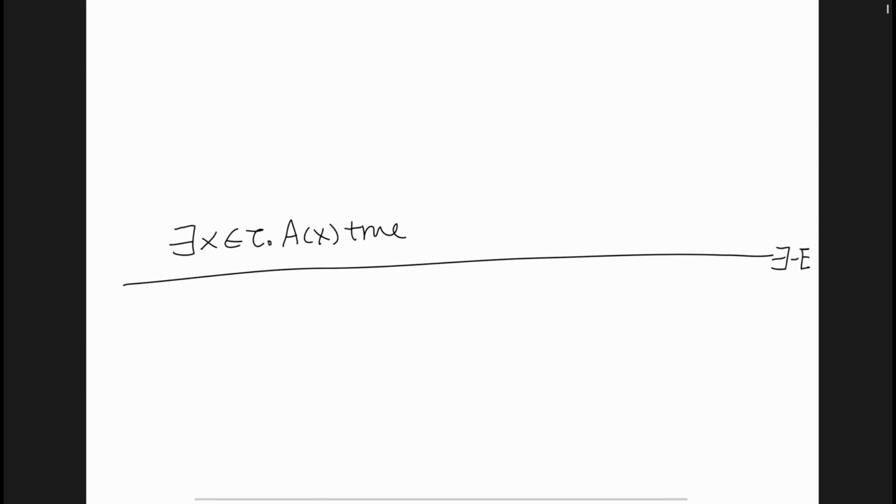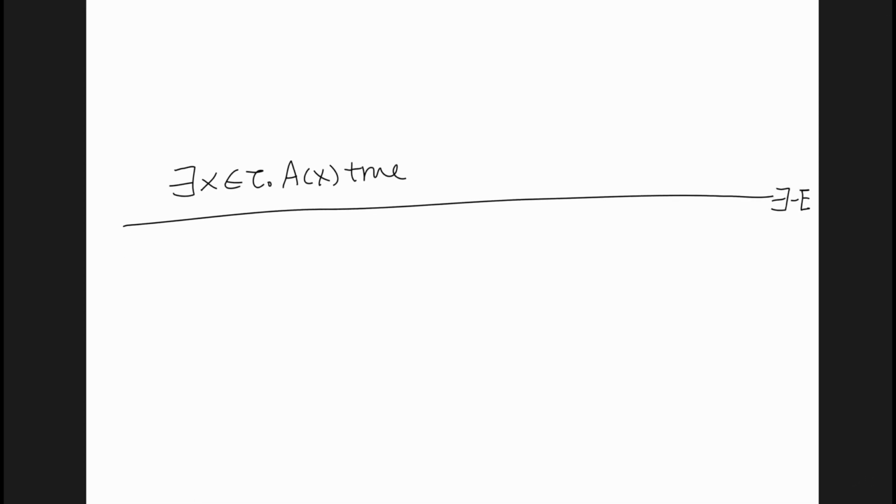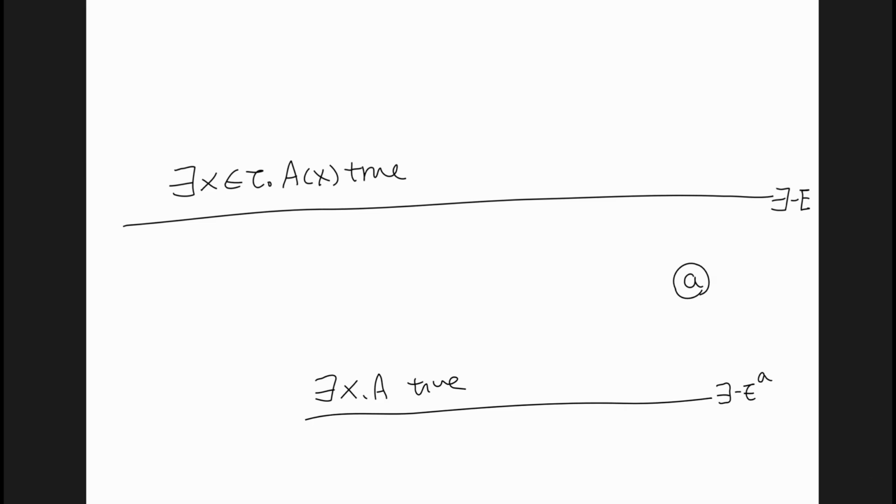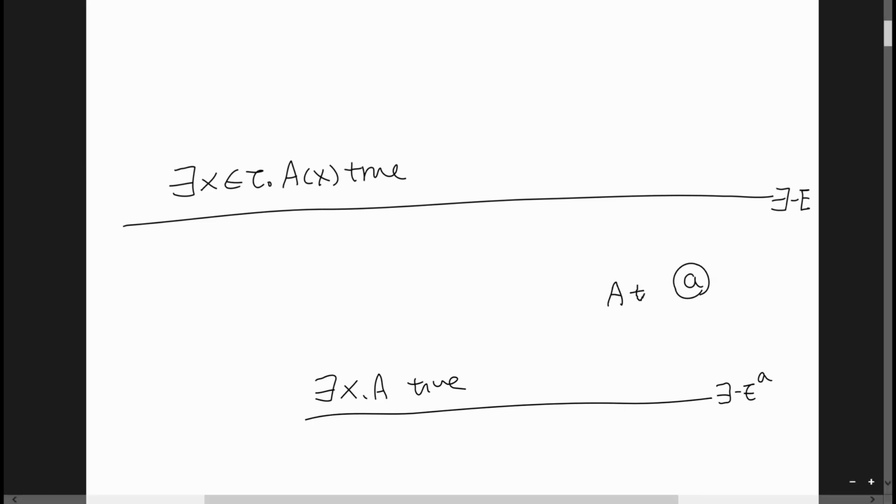Remember that in the previous formulation of predicate logic without data types, the elimination rule looked like this: we introduce a fresh term parameter a, and also we assume that A of a is true, where x is replaced by a, and this hypothesis is labeled with w.